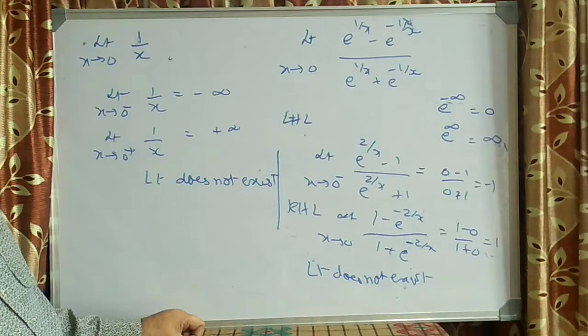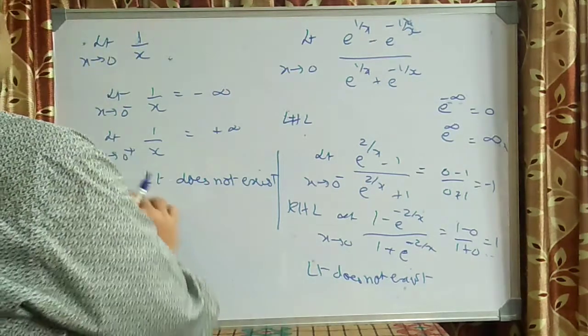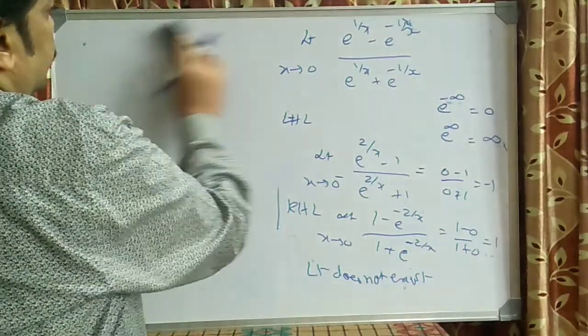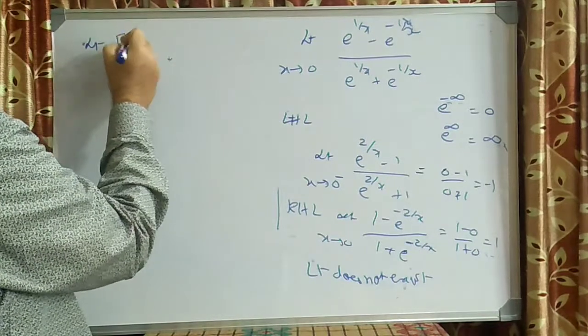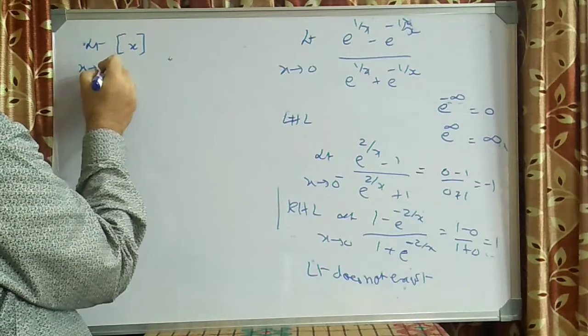This one-sided limit is also applicable in the case of a step function, in other words the greatest integer function. The greatest integer function, limit of step x as x tends to 1.